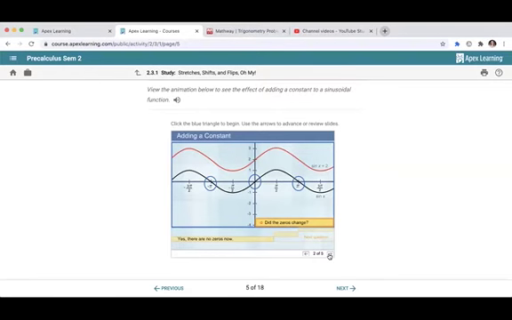Well, yeah, it moved our entire graph, so now we have no zeros. Did it change our max or min values? Absolutely, both values got increased by 2. Our original max value was 1, now it's 3. Our original min value was -1, now it's +1.